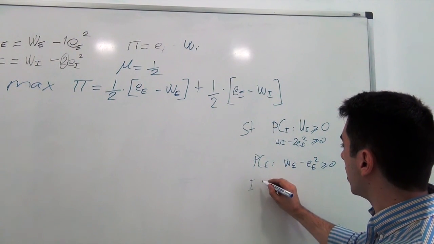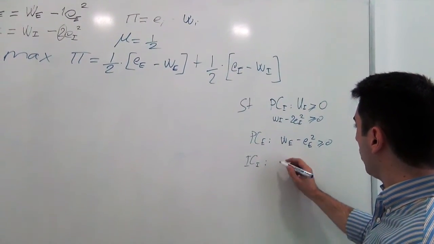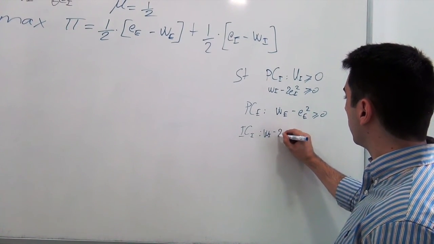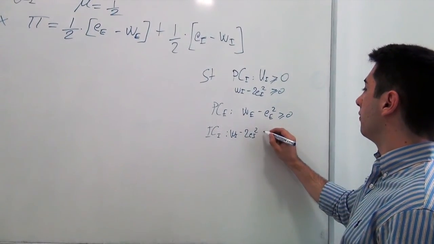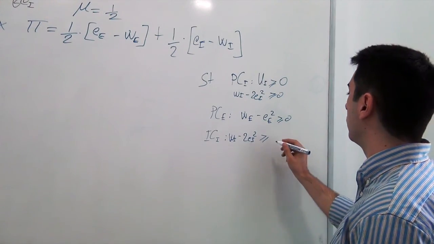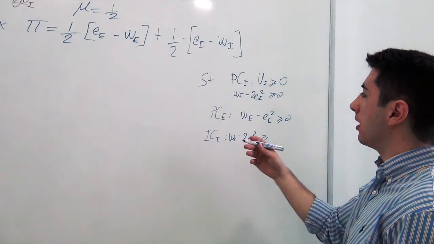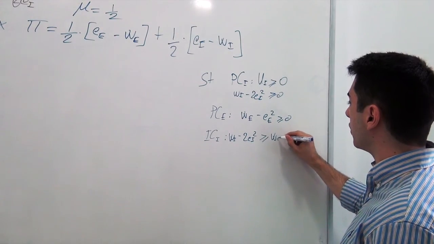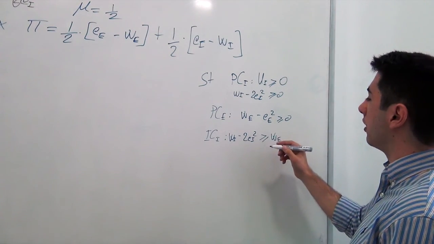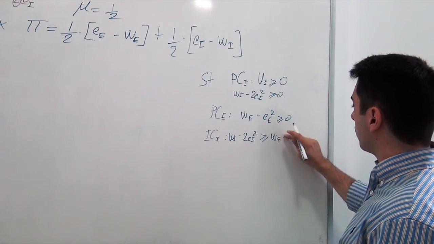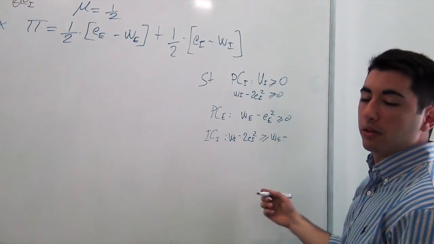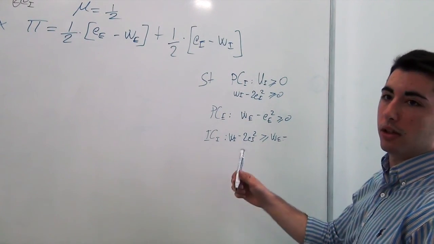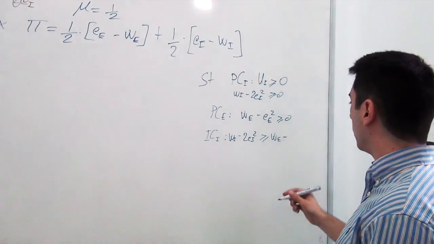Then we have the incentive constraint for the inefficient type, which is: we take his utility and we have to make sure it's at least equal to what he would get if he makes the principal believe he's an efficient type, which is receiving the E-type wage minus the effort of the efficient, but taking into account that his utility for exerting any particular effort is bigger than the utility that the efficient type would experience.